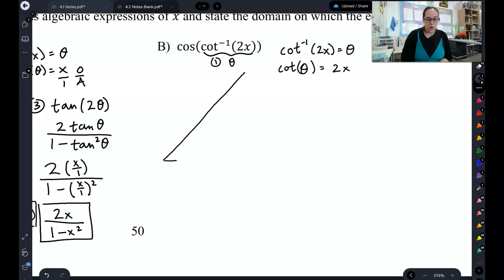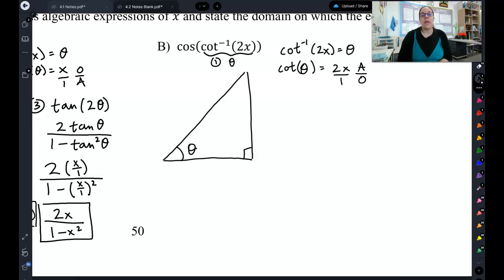And remember, cotangent is going to be tangent flipped. So instead of opposite over adjacent, this is going to be adjacent over opposite. So use that to build your triangle. And then step 2, use Pythagorean's theorem to finish your triangle. Pause the video and try to do those 2 steps on your own, and then we'll come back and finish it together.